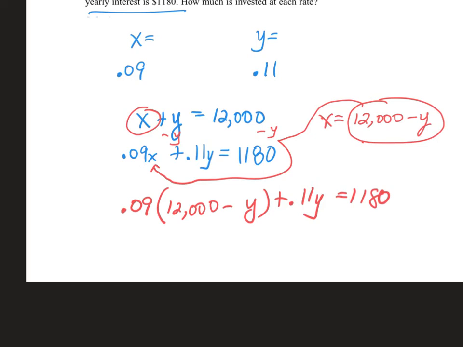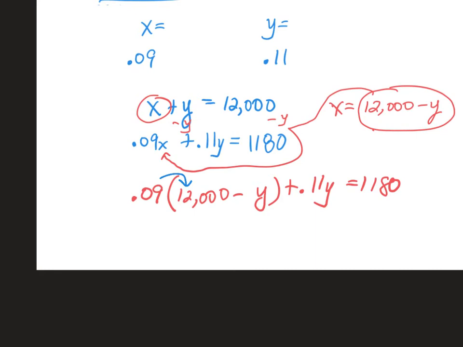Help me out. What is 0.09 times 12,000? 1,080. Yep, 1,080. That's what I got. Minus, what's 0.09 times y? 0.09y, right? Plus 0.11y equals 1,180.